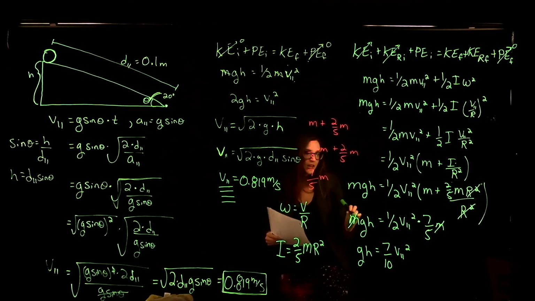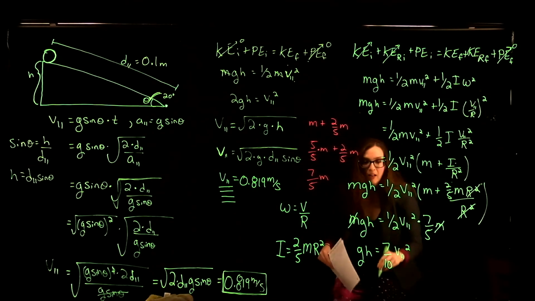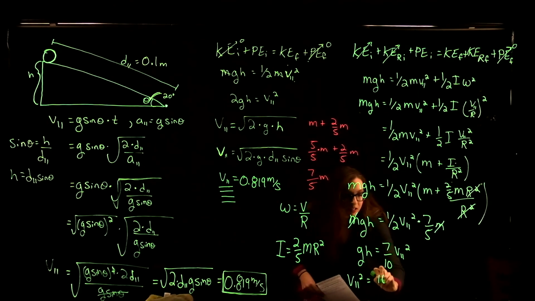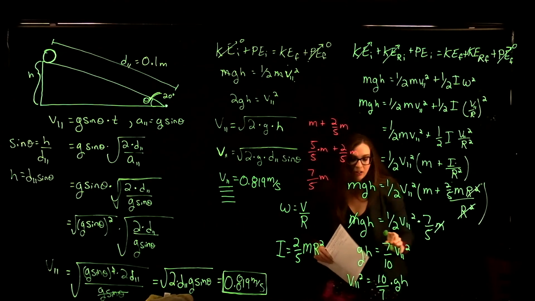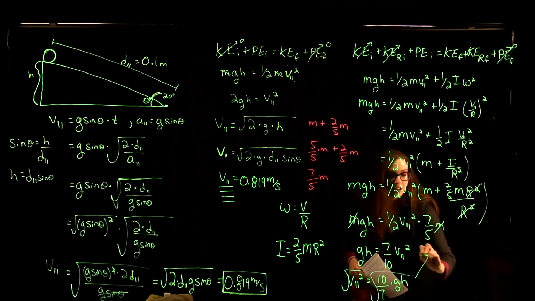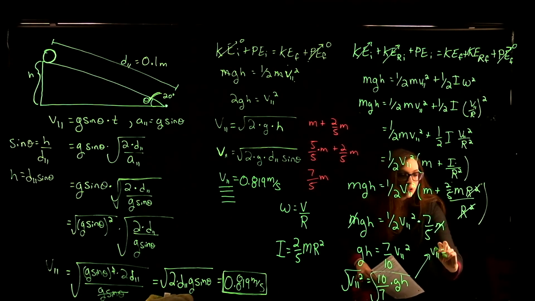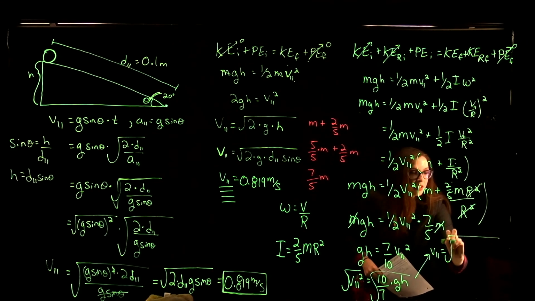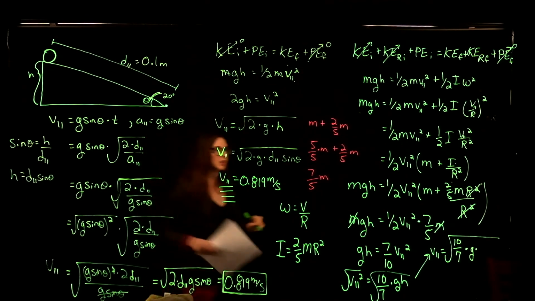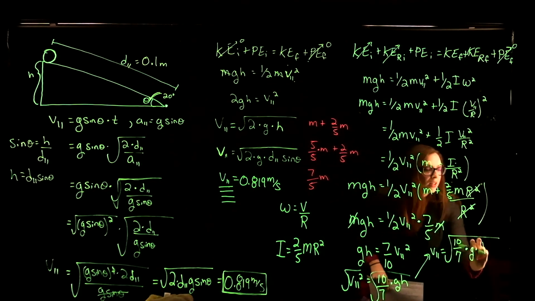Now I solve this for v parallel squared. V parallel squared equals 10 over 7 times gh. Now if I square root both sides here, then I get that v parallel is equal to the square root of 10 over 7 times g times h. And we found an expression for h earlier. That's the same thing as d parallel sine theta.